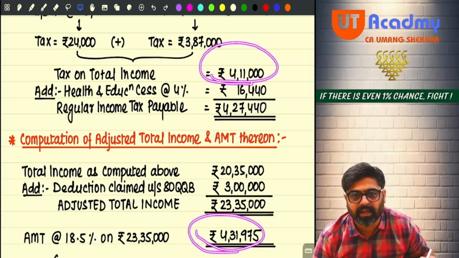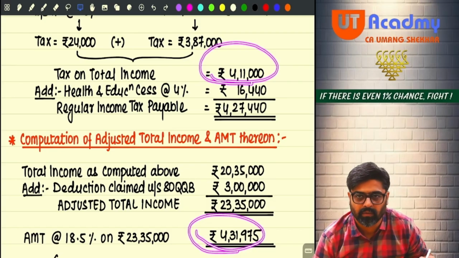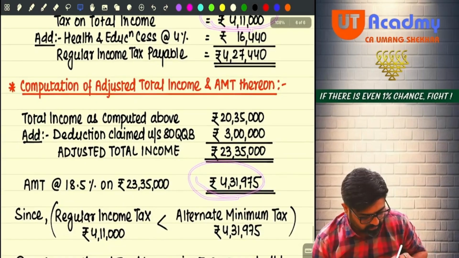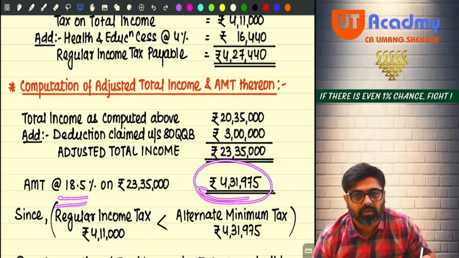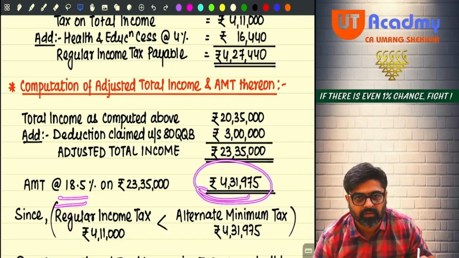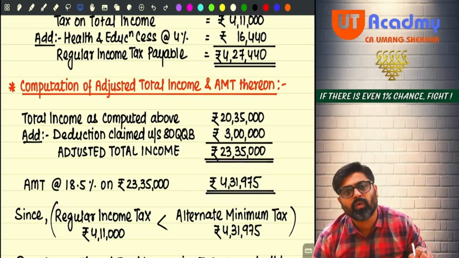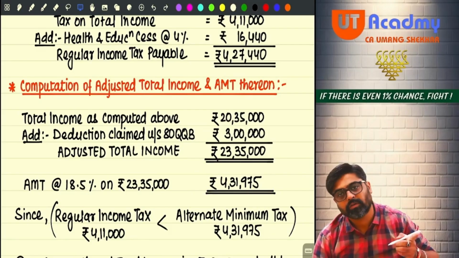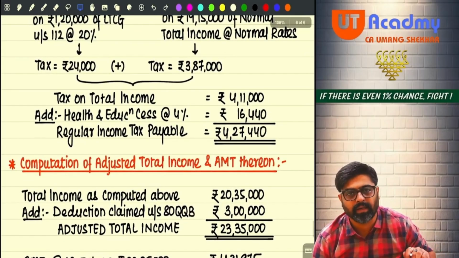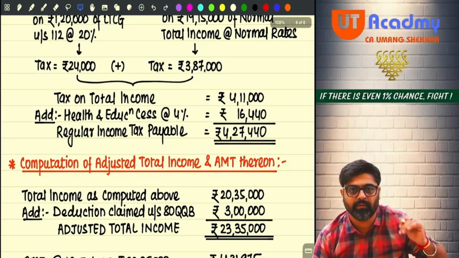If you mistakenly compare with 4,27,440, your answer will be wrong. Why, sir? Because this 18.5% is without any surcharge or cess, so with this amount you have to compare your regular tax, which is without surcharge and cess, and that is not 4,27,440, that is 4,11,000.